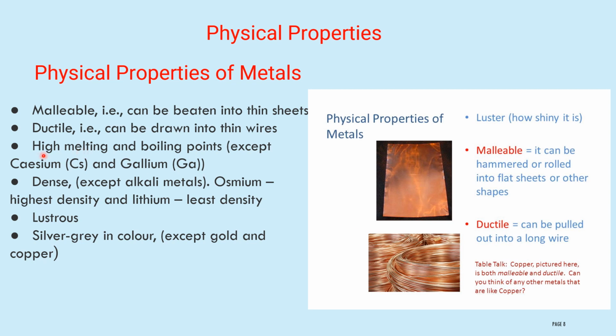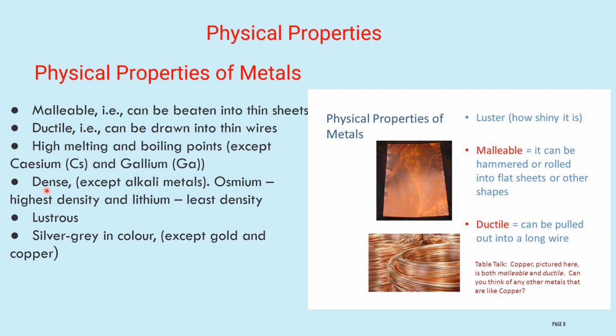The next one: they have high melting and boiling points, except calcium and gallium, which have low melting and boiling points. Almost all metals have high melting and boiling points. Dense, except alkali metals. You know, metals are very hard, therefore in metals all the particles are very close to each other, very packed.